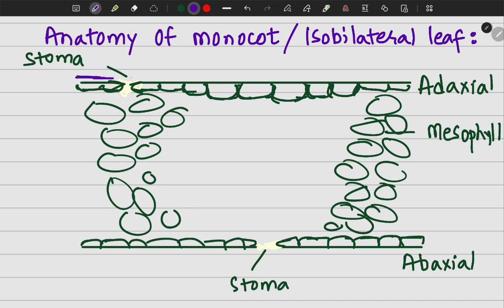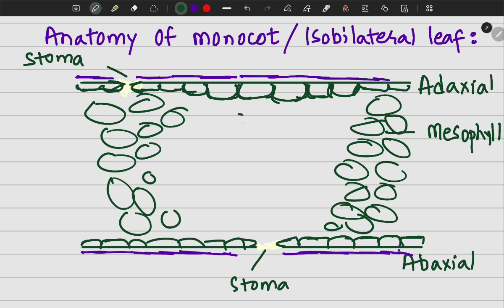Also, the epidermis will have a layer of cuticle to prevent water loss. Then we will have vascular bundle, xylem and phloem.